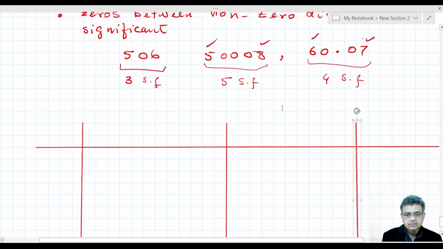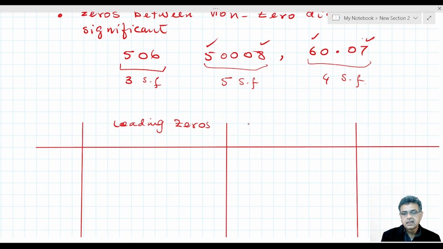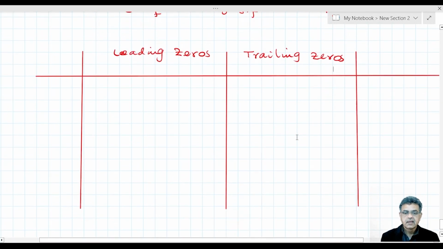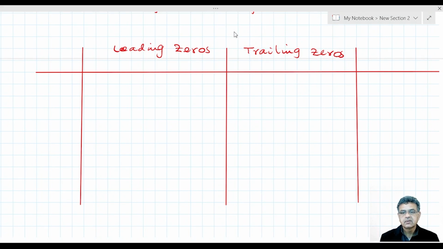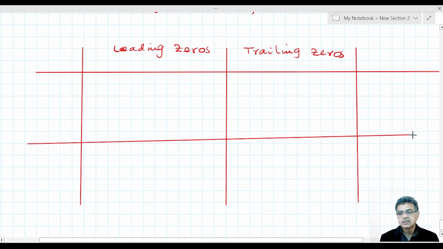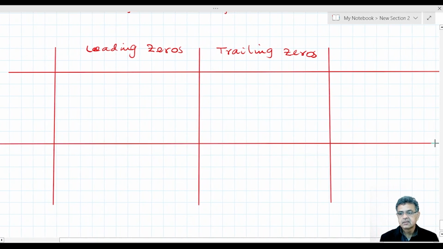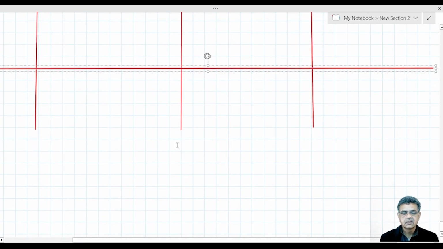This column is for leading zeros, and this is for trailing zeros, and I make 2 rows, one row for leading and trailing zeros for decimal numbers, and the other one for leading and trailing zeros for whole numbers.